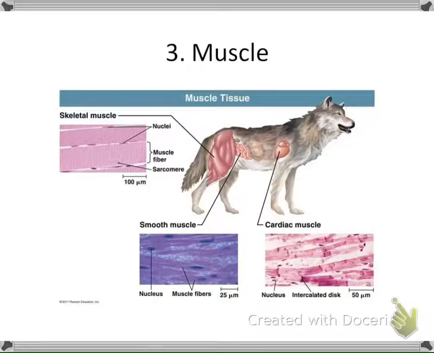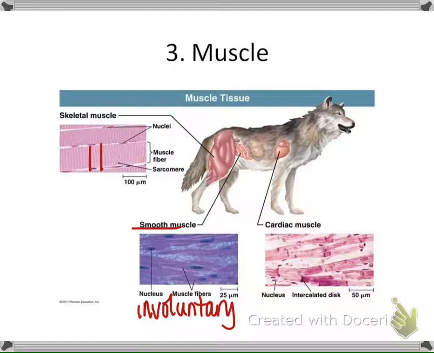Muscle is tissue that's responsible for nearly all types of body movements. All muscle cells consist of filaments made of actin and myosin, which work together to make cells contract. You have three main types here. Smooth, which is involuntary, lacks striations.